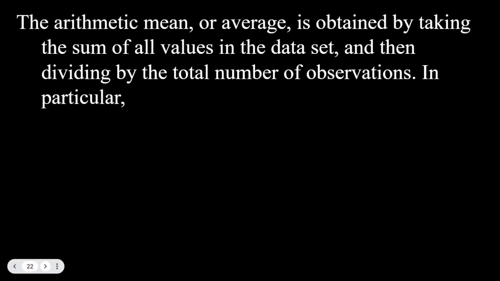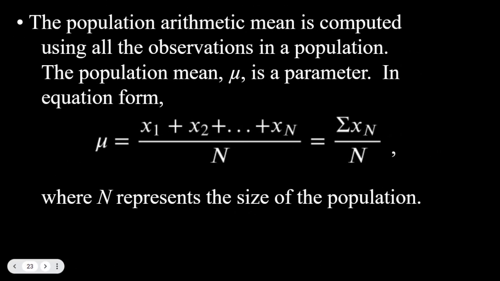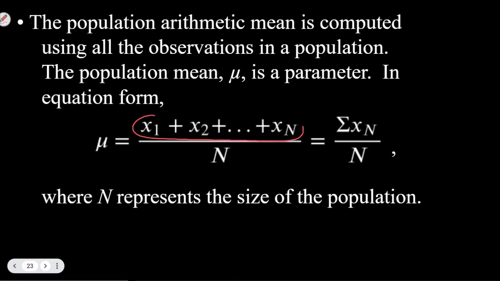So in particular, here are our formulas. For the population arithmetic mean, this is computed using all the observations in the entire population. Remember that the population mean, we use that symbol mu, it is a parameter. And in equation form, this is what it looks like. So mu equals, and this stuff right here just means we're going to add up all of those observations.